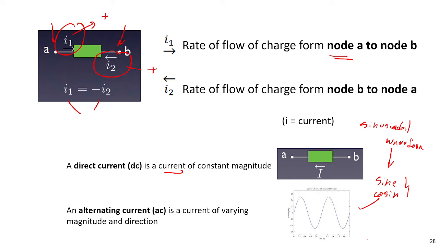We call this type of waveform a sinusoidal waveform, and we can analyze it using sine or cosine functions, for alternating current. Again, you have some basic knowledge about what I talk about, right?